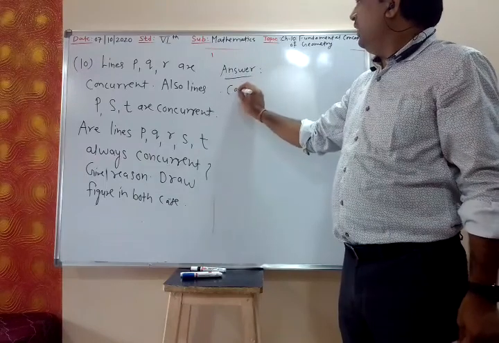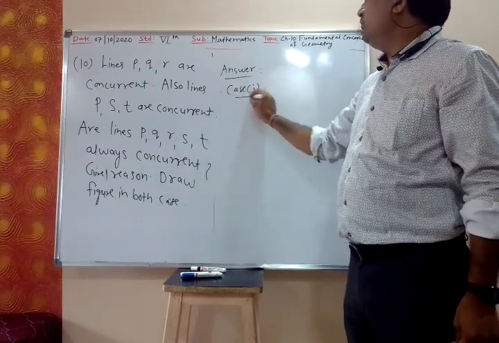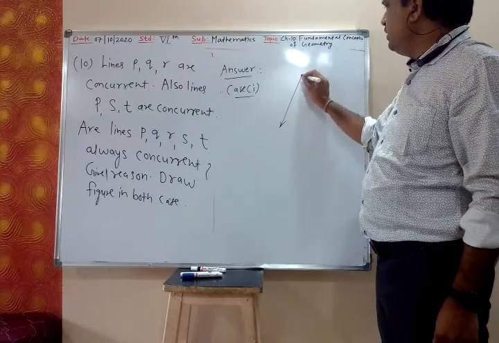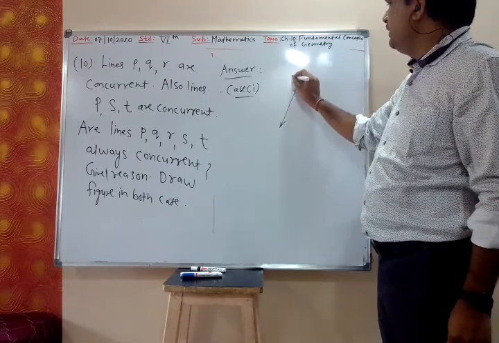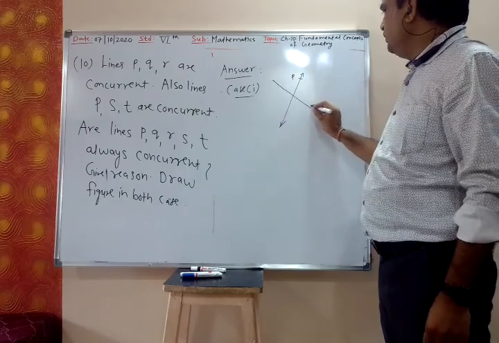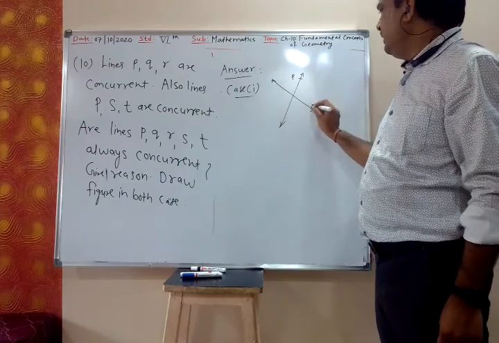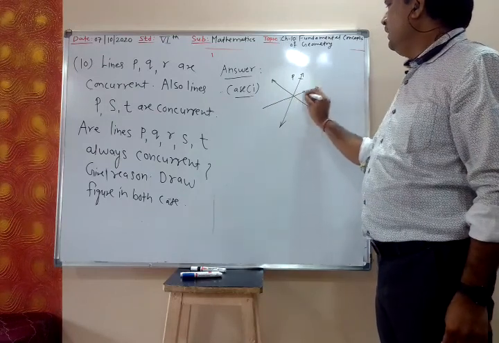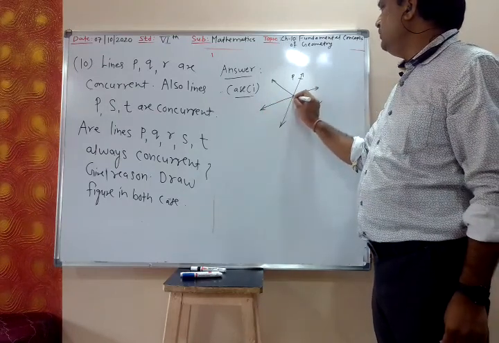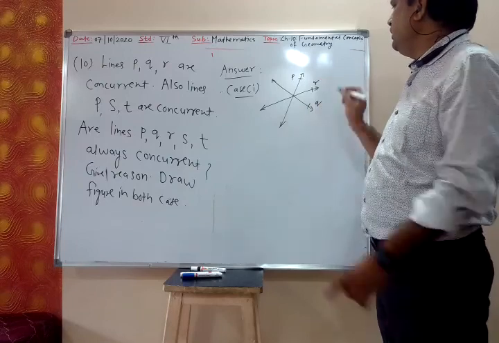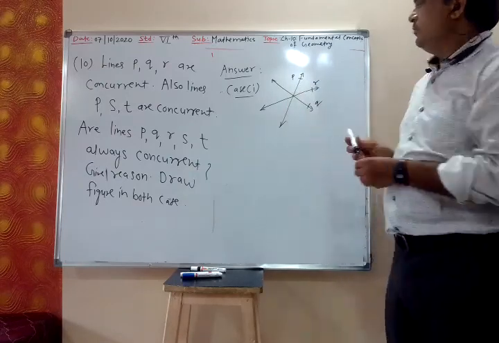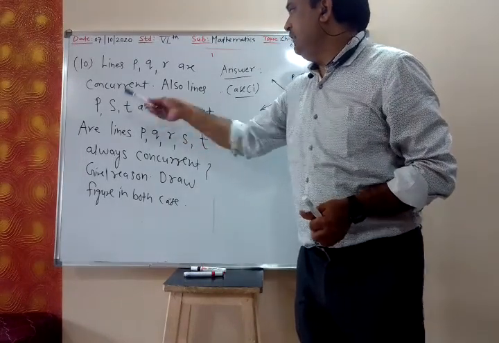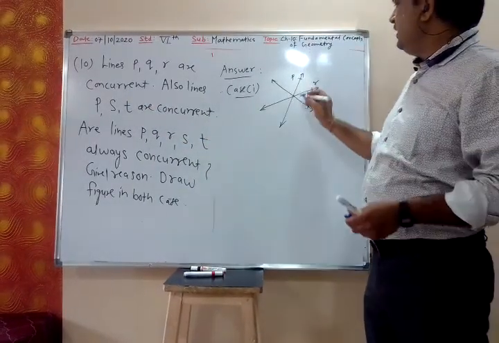We write case one. See, the lines PQR are concurrent. This is my line P, this is line Q, and this is my line R. Now all the three lines meet at one point, so lines PQR are concurrent. Then the lines PST are also concurrent. P is there.